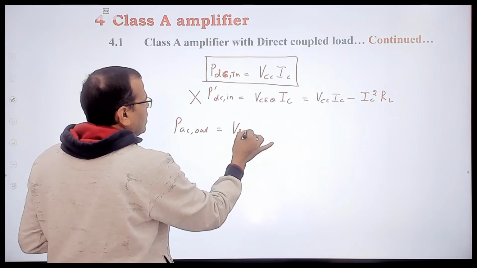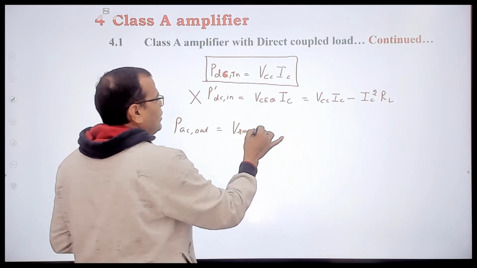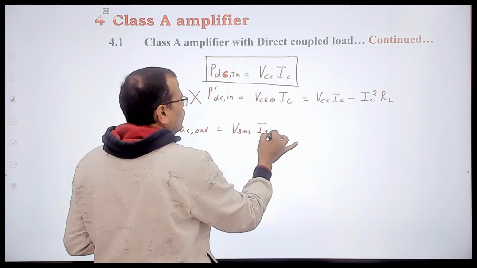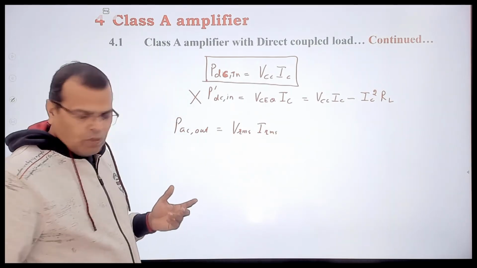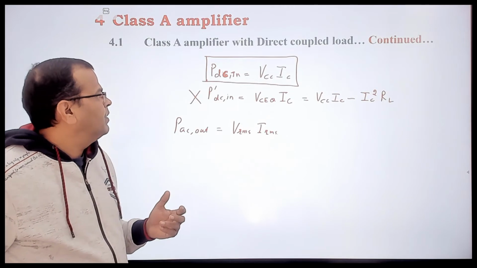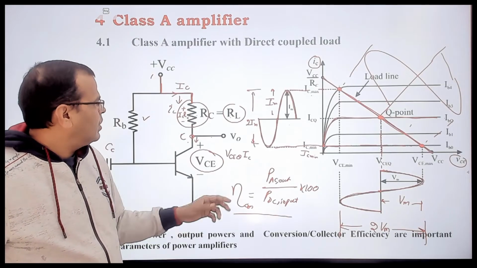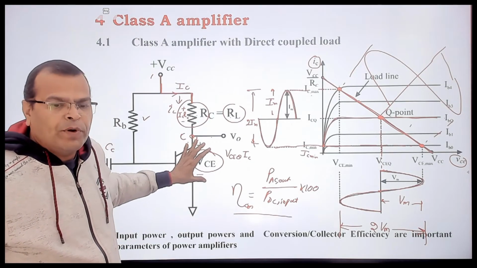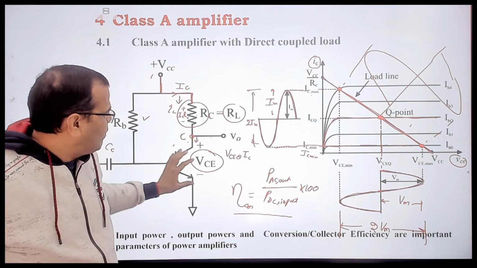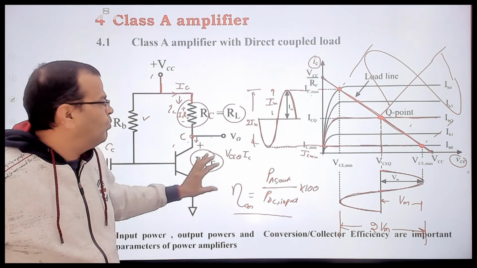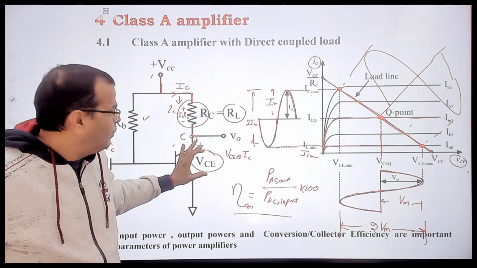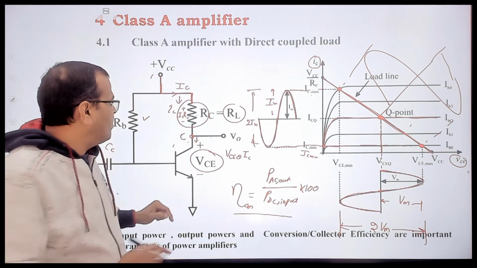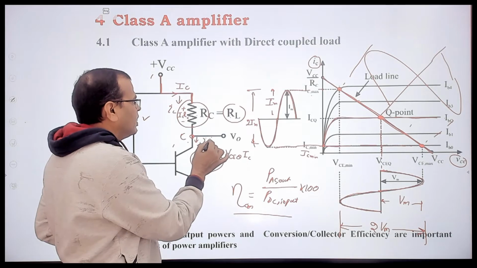What is the AC power output? VRMS output into IRMS output, right? What is the output voltage here? Go back to this. The AC power coming to the BJT will be the RMS value of VCE and the RMS value of the collector current, right?